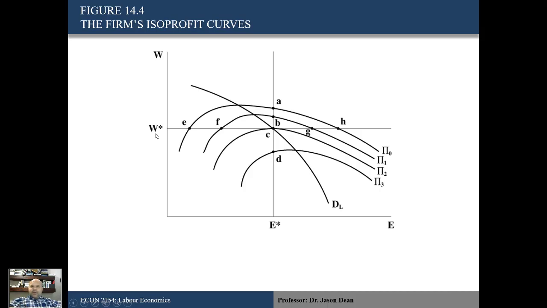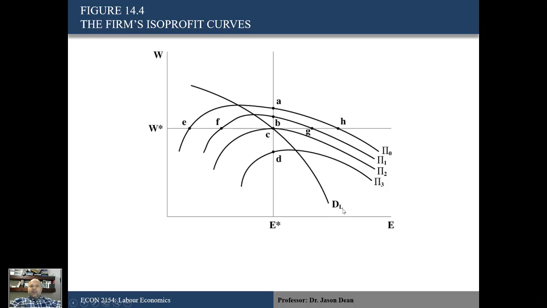So the firm then is going to take this wage. Are they going to set it to point E and hire this amount of workers? Well, no, because they can get on a higher indifference curve if they, for example, chose this point F and hired this many workers. But they can even do better. They can go to point B and hire E star, which is their labor demand curve.